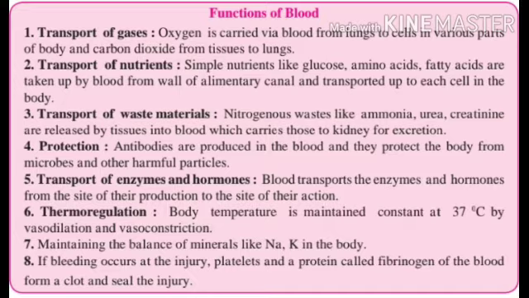Body temperature is maintained constant at 37 degrees Celsius by vasodilation and vasoconstriction. Blood is also used in maintaining the balance of materials like sodium and potassium in the body. If bleeding occurs at an injury, platelets and a protein called fibrinogen of the blood form a clot and seal the injury.